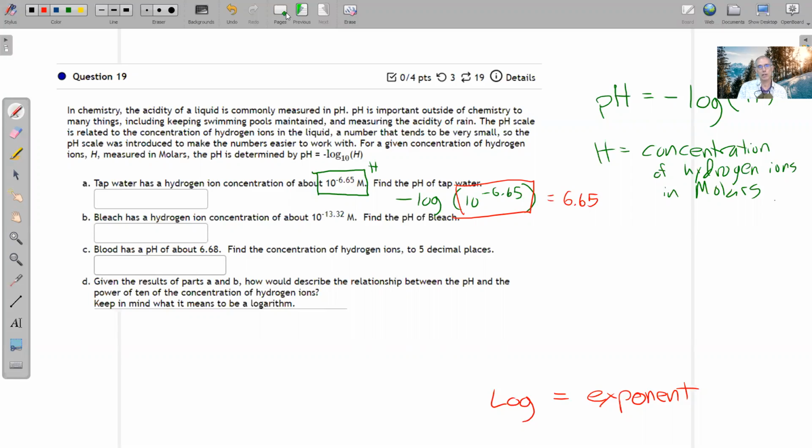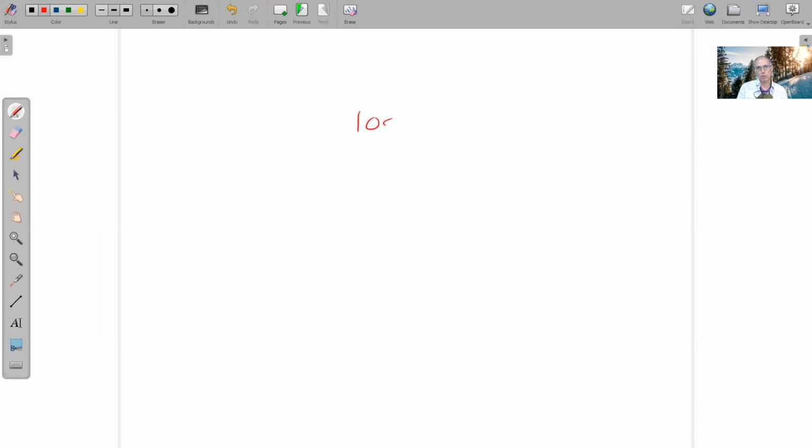The other way to think about this is, remember the log has the property that if you have a log of a power, the power pops out as a multiple. So this is the same as negative 6.65 times the log of 10, and the log of 10 is always 1.